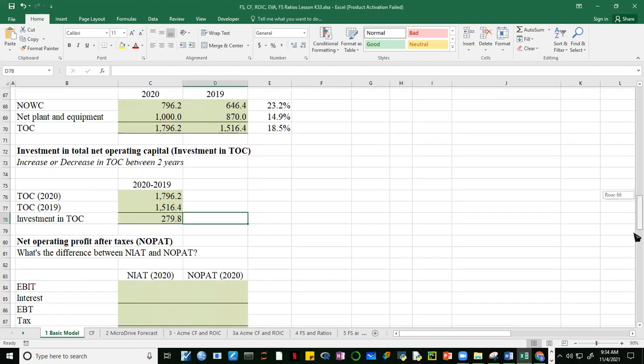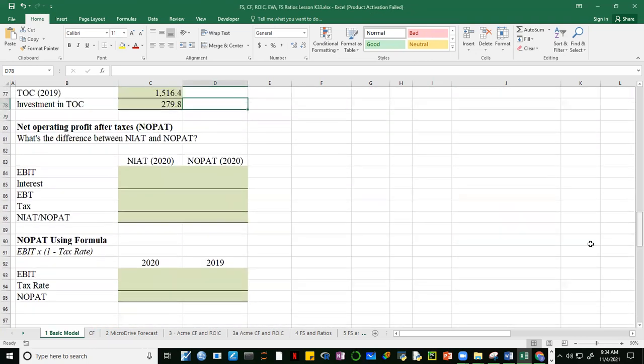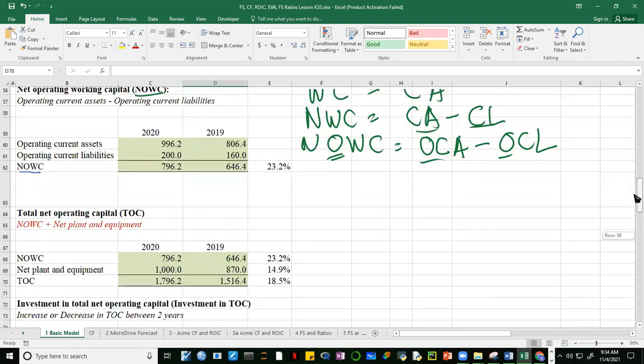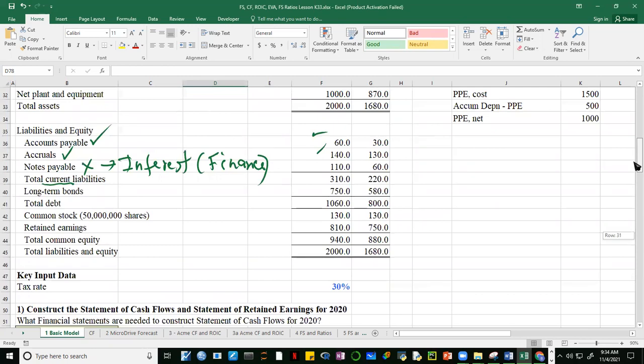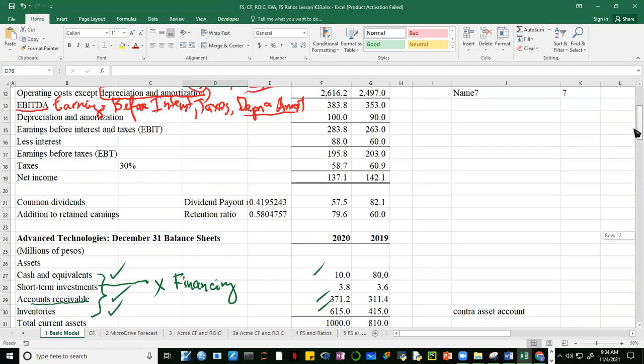Okay, now let's go, guys, to the next, which is computing NIAT and NOPAT. What's the difference between net income after tax and net operating profit after tax? Actually, guys, the NIAT, we don't need to recompute that because it's already in the income statement.